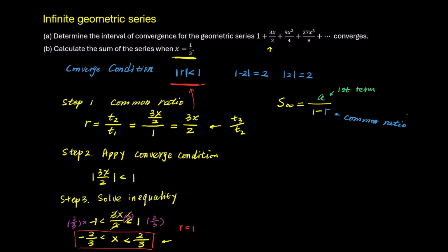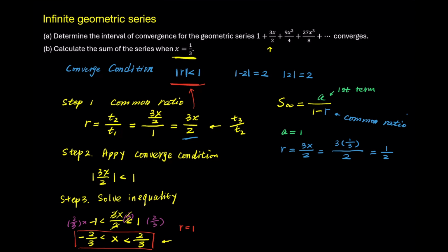So it is quite obvious that a equals 1. So the first term is 1. The common ratio r equals 3x over 2. So when x is 1 over 3, we have 3 times 1 over 3 divided by 2, which equals 1 over 2. Let's now substitute the values into the formula.